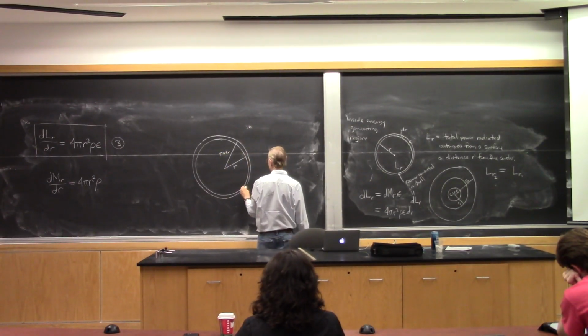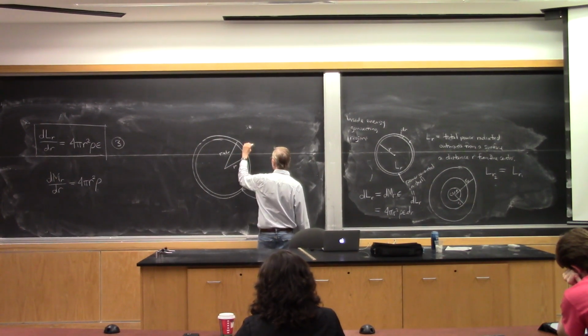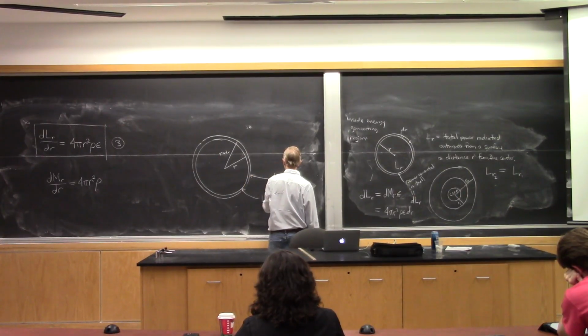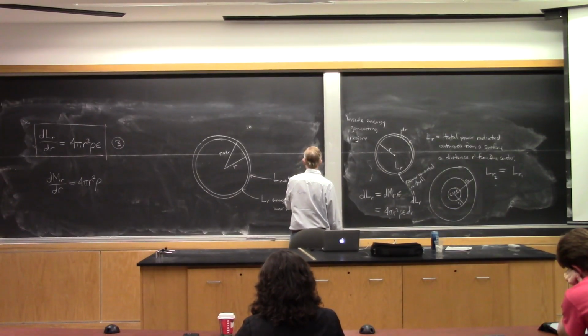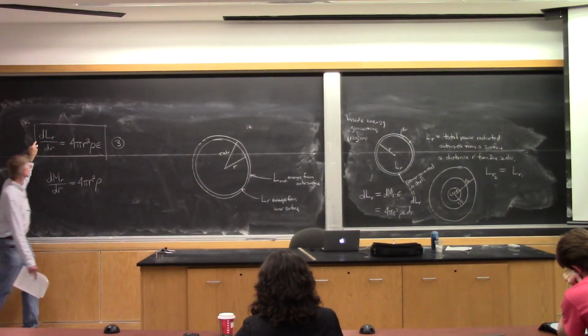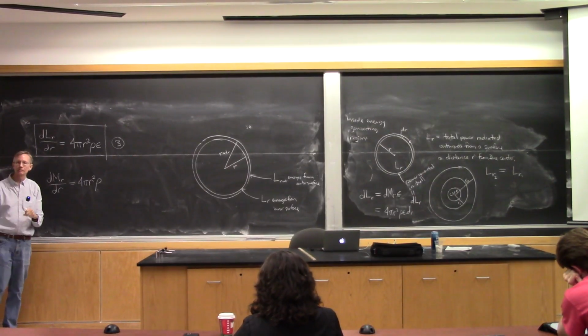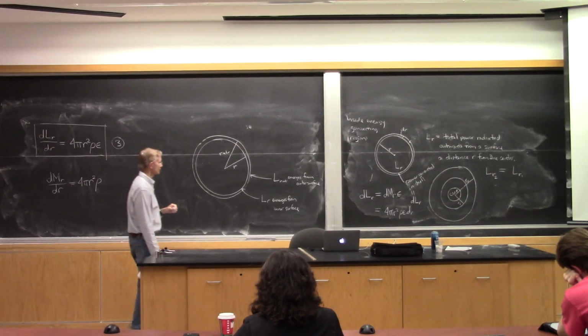And then the idea is that L sub r emerges from the inner surface and L sub r plus dr emerges from the outer surface, and this time they're not equal because we got some energy generated within that shell that's incrementing how much radiation is flowing out of the outer surface.